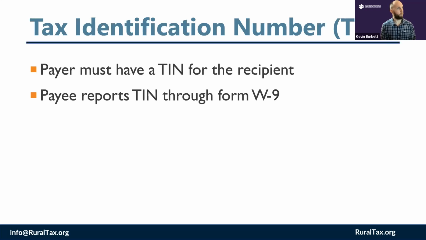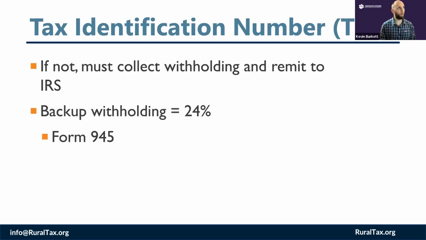And they report that to you through the form W-9. So typically, no withholding or anything is required on the 1099s. But if we don't have the correct information, then we do have to start having withholdings from those payments. So, and that is a rate of 24%.